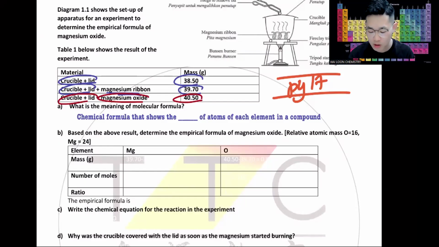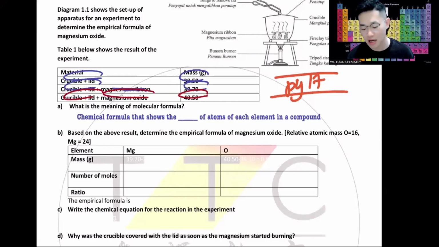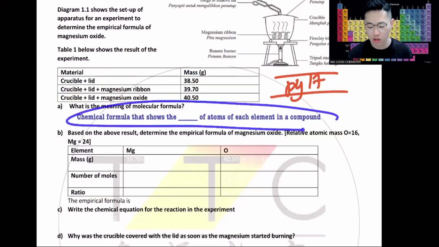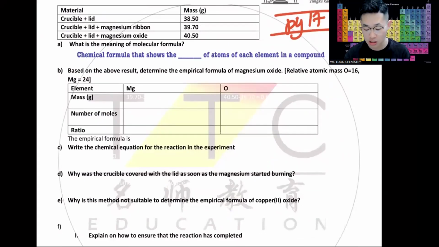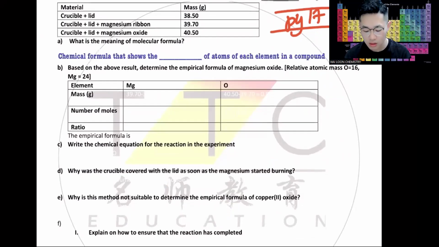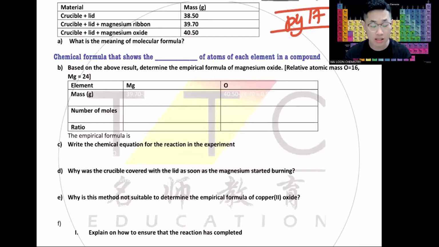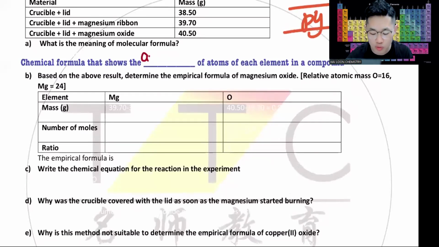For example, last time I attended a seminar. And then when we were going through the question, I found out that I don't know what is the word to fill in here. It's okay. That's why we are doing revision here. It's okay if you don't know or you get the wrong answer. But you have to write down your mistake. For example, that time I could not answer that. Oh, it is the actual number.